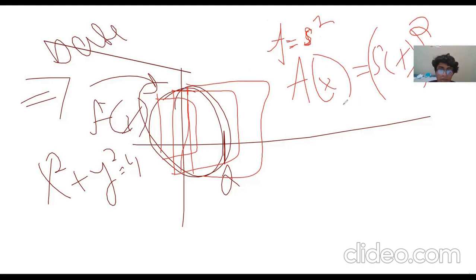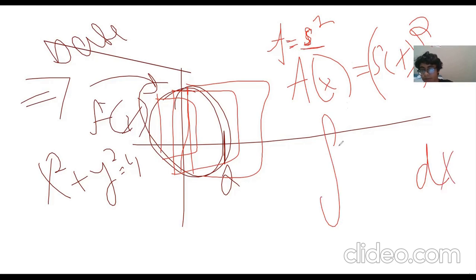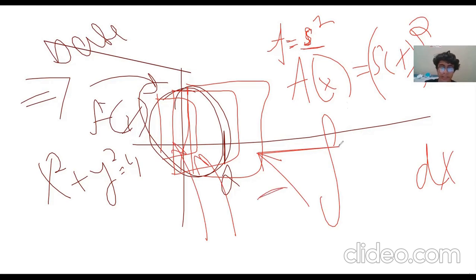You rewrite this for every single slice. So then you have your integral idea: this slice has an area given by s squared, this slice has an area given by s squared, this slice has an area given by s squared. And so your volume is just an integral of every one of these slices, depending on your s of x equation, as long as it's squared.